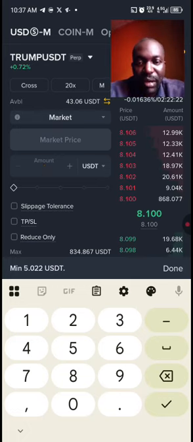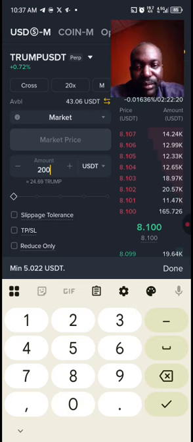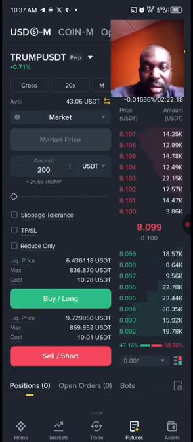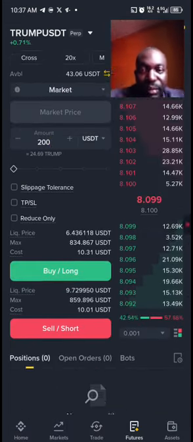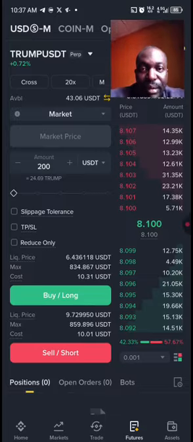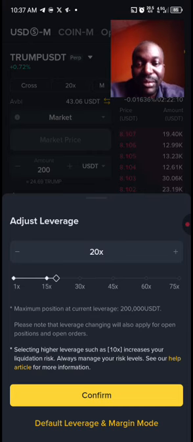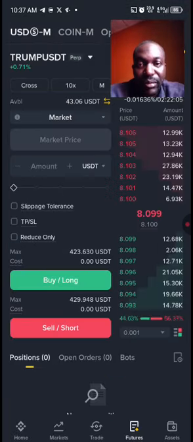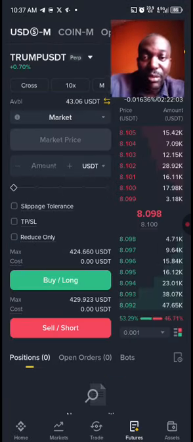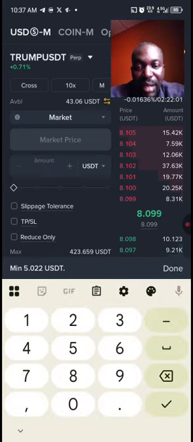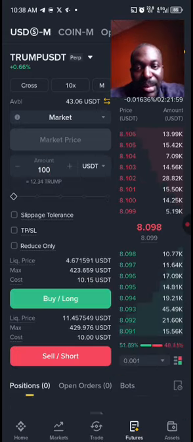So what I'll do is I'll request 200, since I'm using 20x. But if I take this down to 10x and I want to use $10, I'll just say 100.